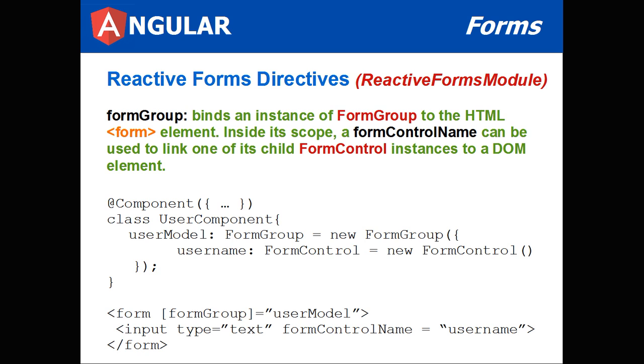The user model is type form group, and we instantiate a form group, and inside that form group we define something called username. Username is a form control type, and we instantiate a form control and assign it to username.